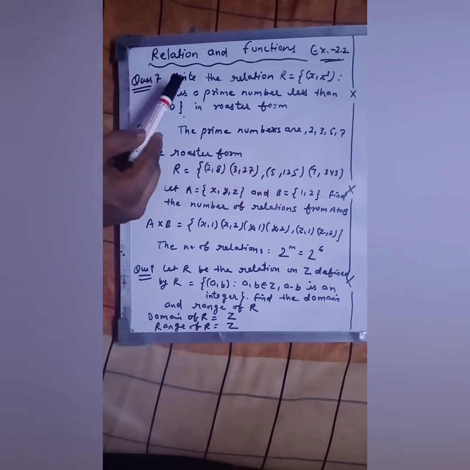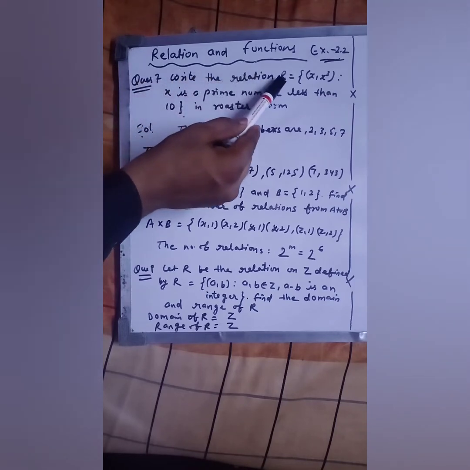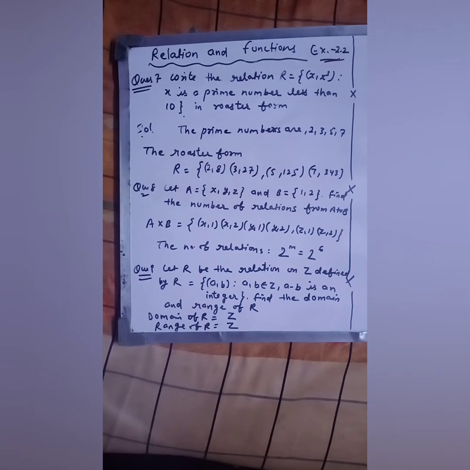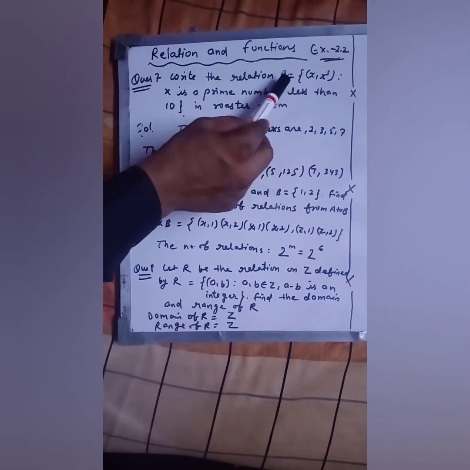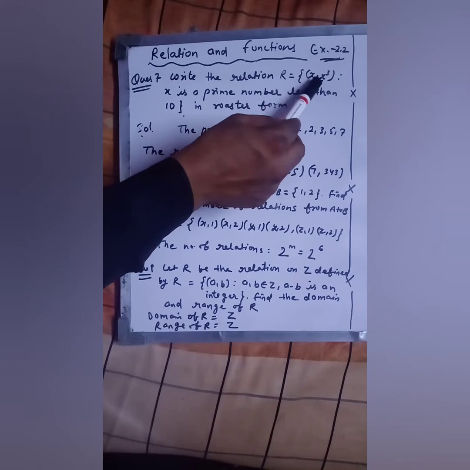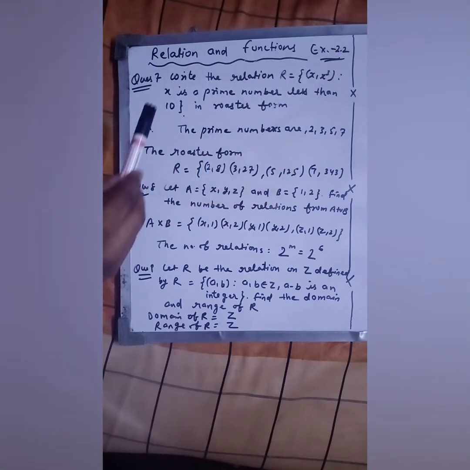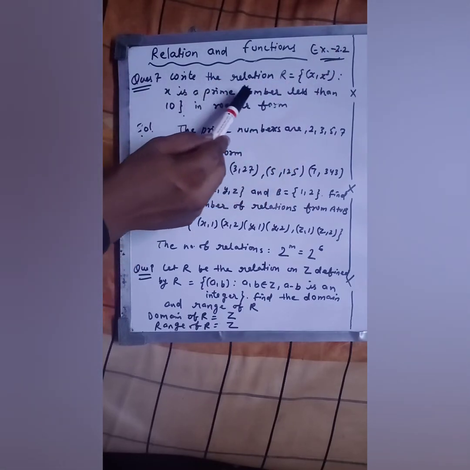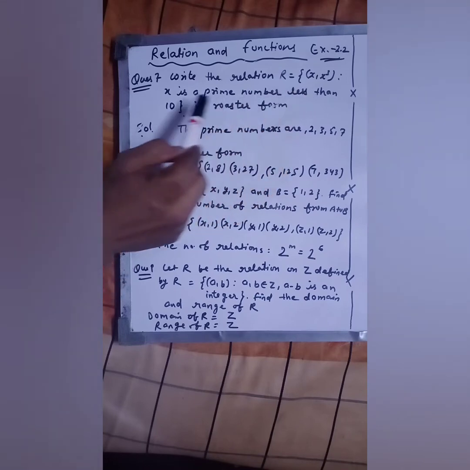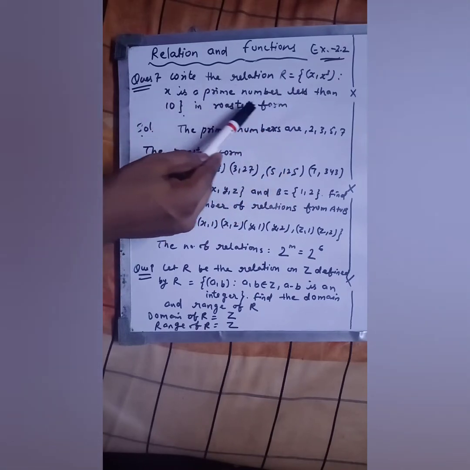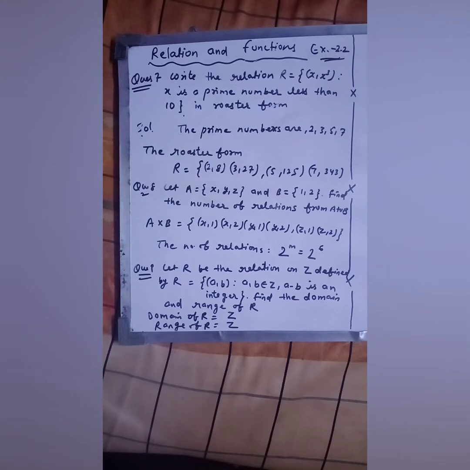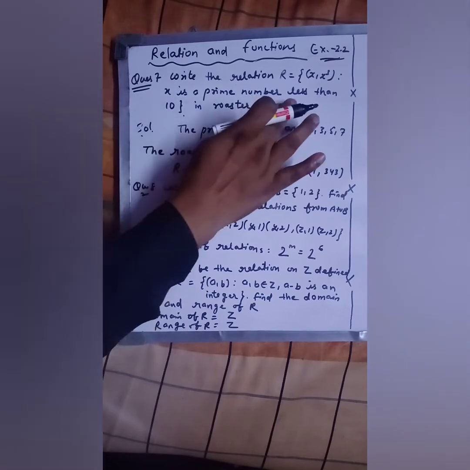So this is the question: write the relation R, where R is defined by x comma x cube, and here x is a prime number less than 10. We have to write the relation in roster form.